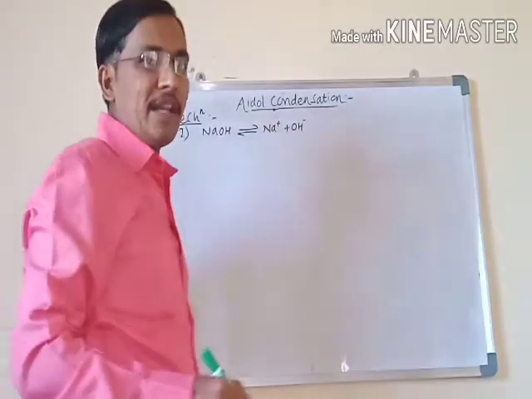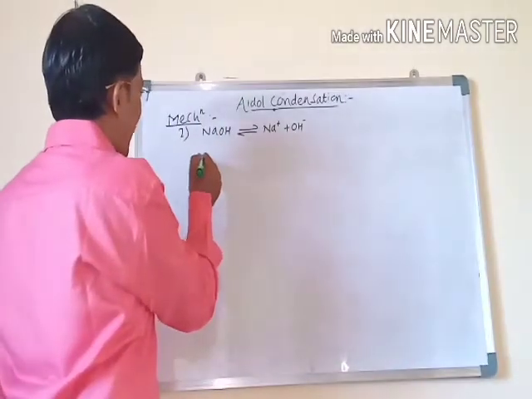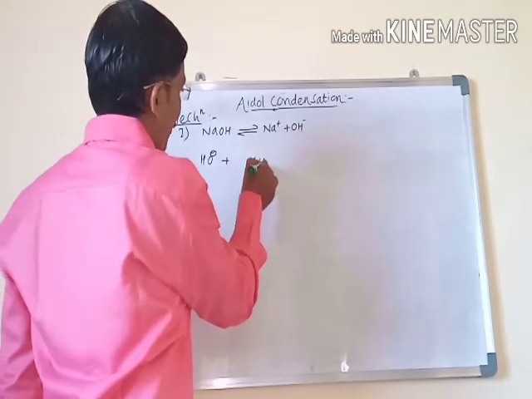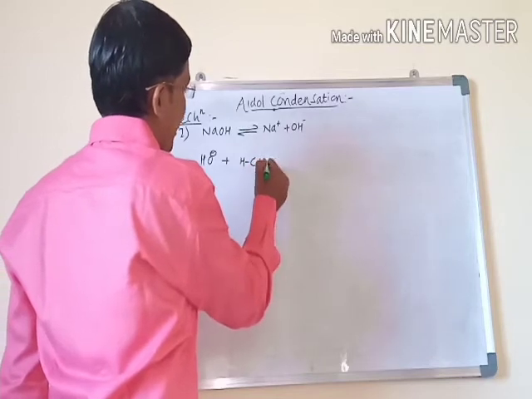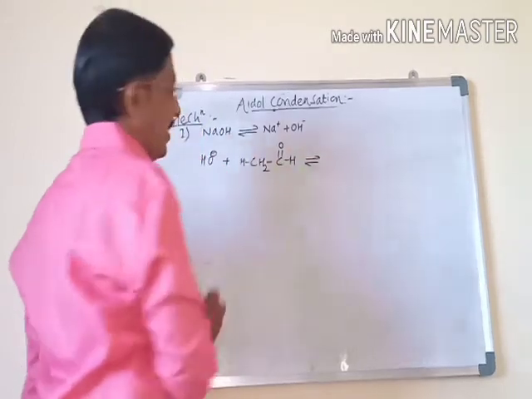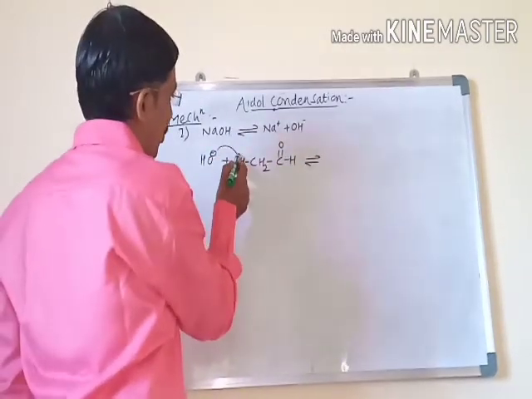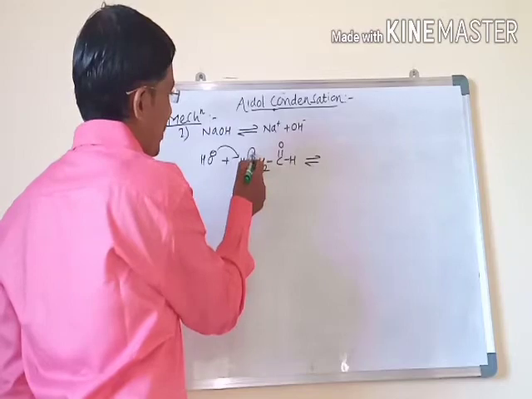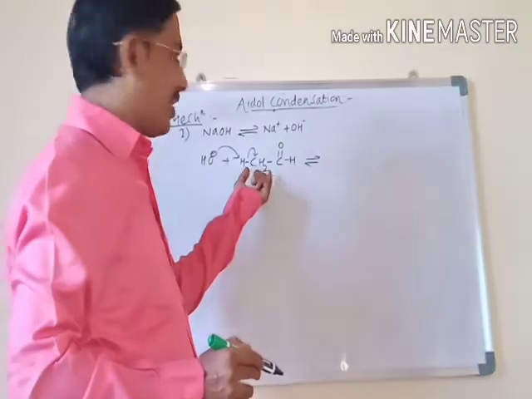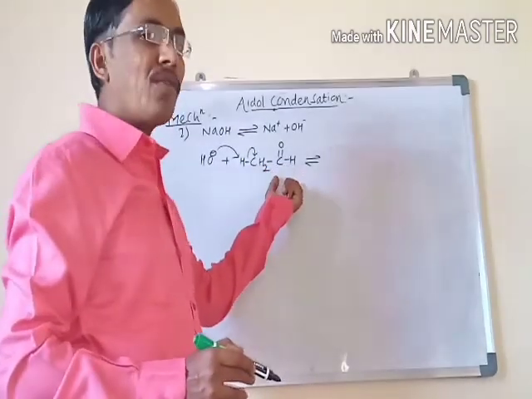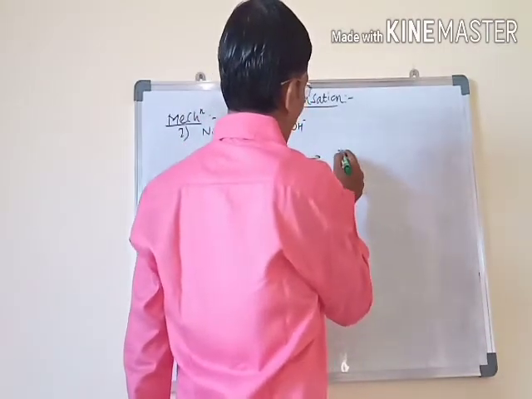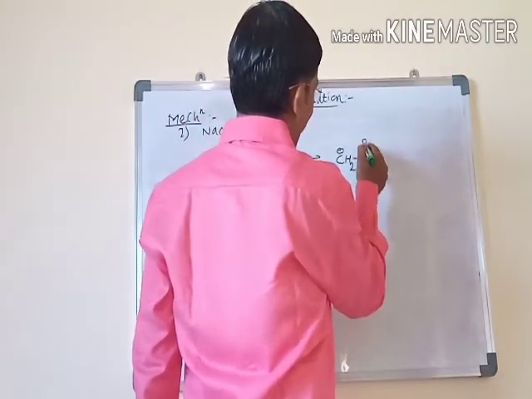Now this OH minus ion acts as a base and abstracts the proton from acetaldehyde, CH3CHO. The OH minus takes this proton, the C-H electrons shift onto the carbon, giving CH2 minus, which is more acidic because the electron withdrawing group is attached directly. It becomes CH2 minus CHO.